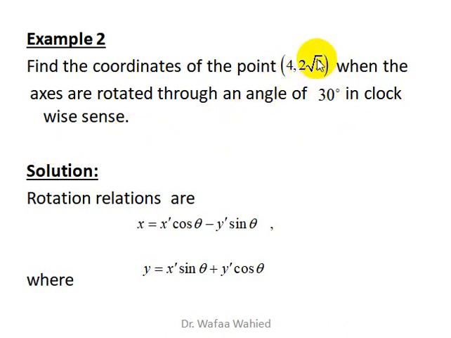So we have two conditions. The first condition is the old coordinates of the point B. The second is that 30 degrees is the theta. The rotation relation is given by the following relation, where x and y are the old coordinates of the point B, x dash and y dash are the new coordinates of the point B, and theta is the angle of rotation in anti-clockwise.